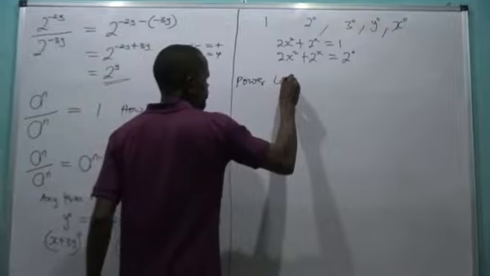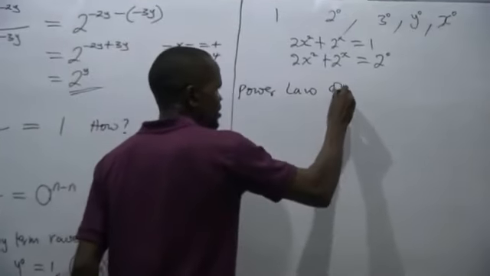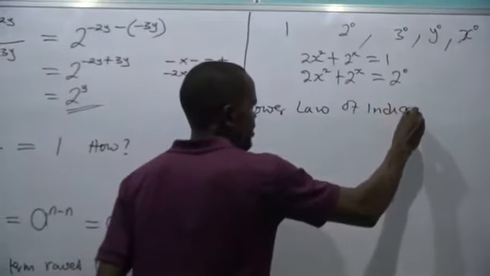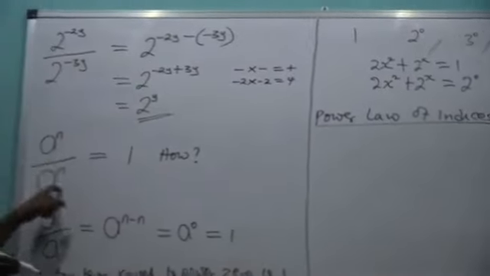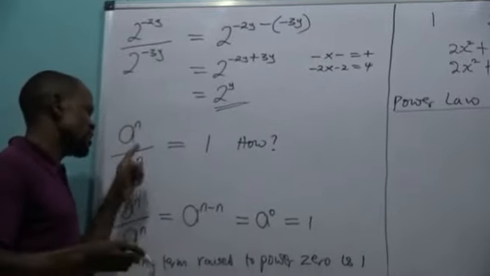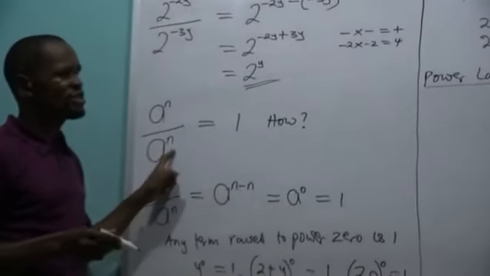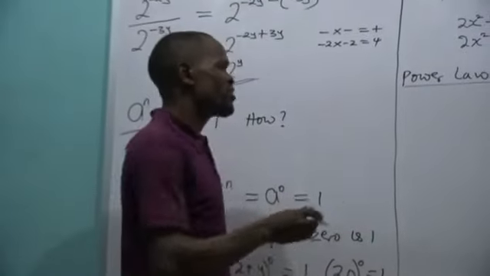Power law of indices. The one we deal with is what we call division law. This is called division law of indices. We are treating the power law of indices.